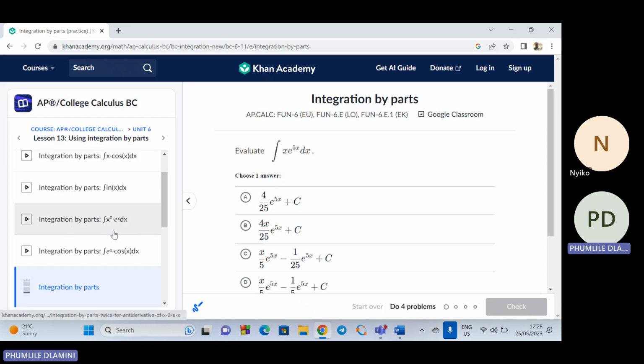Okay. So we also have this one here, which is e to the power x cos x. Some of the steps, when we do them, will need us to do integration by parts 2 times.